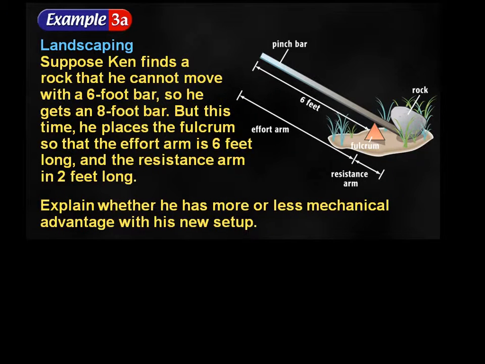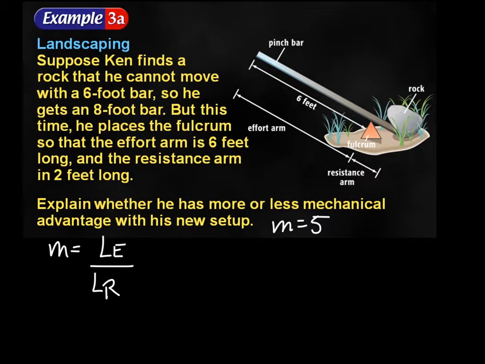In the example printed in your textbook, Ken is helping his parents landscape their yard and needs to move some large rocks. He used a 6-foot bar and found he got a mechanical advantage of 5. The mechanical advantage of a lever is L sub e over L sub r, where L sub e is the length of the effort arm and L sub r is the length of the resistance arm.